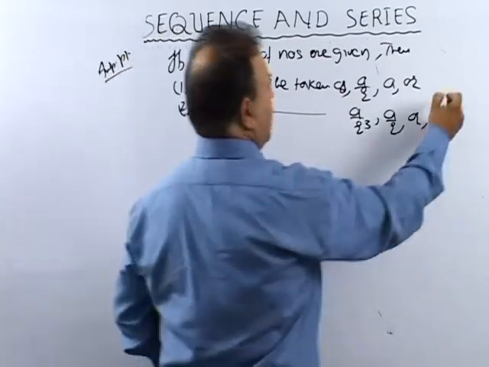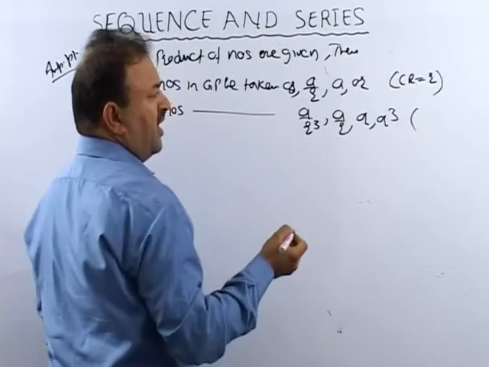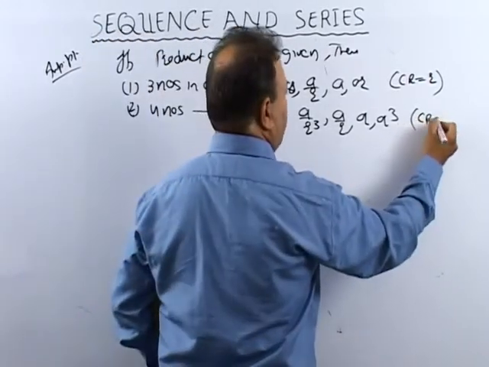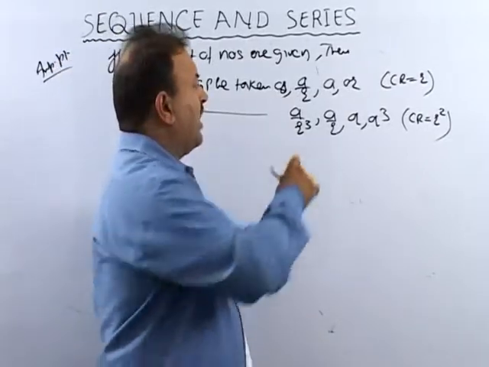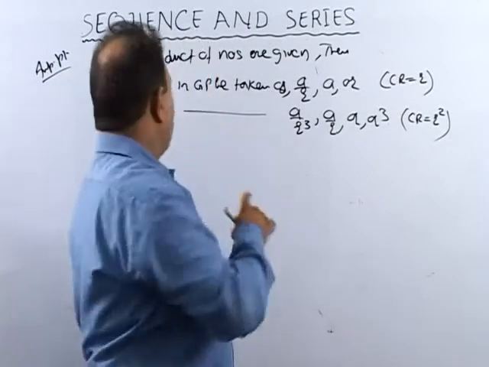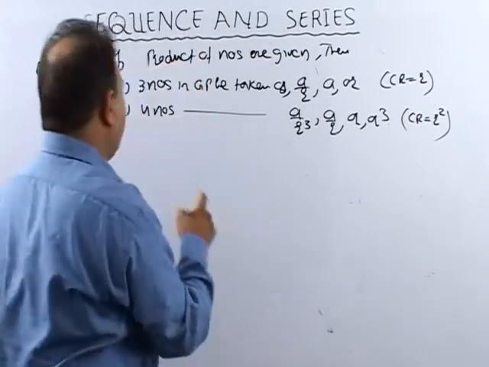The difference is that here the common ratio is R, and when we take an even number of terms, the common ratio will be R square. So three numbers in GP are taken as A over R, A, AR. Four numbers in GP are taken as A over R cube, A over R, AR, AR cube.